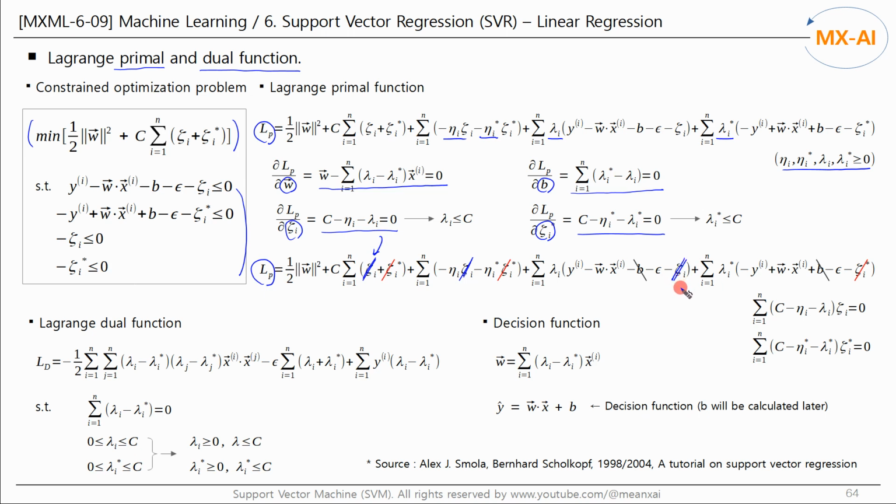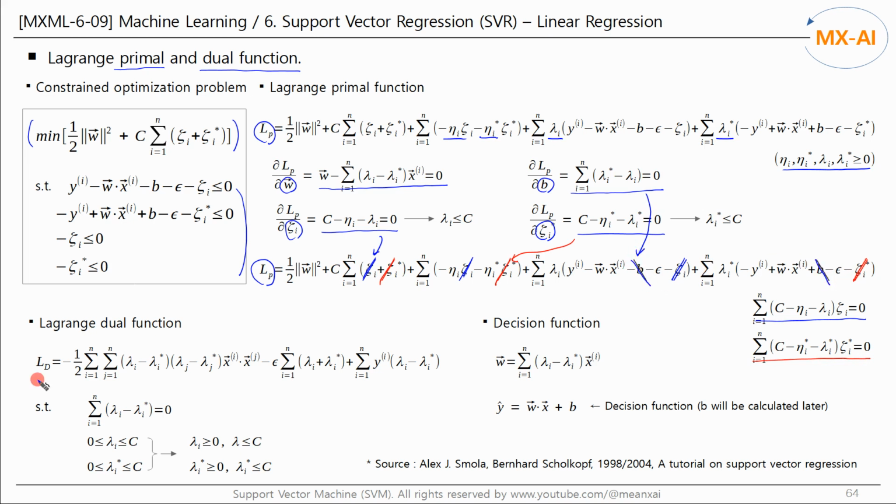This is because this expression becomes 0. If we use this equation, then this, and this disappear. This is because this expression becomes 0. And if you use this equation, then this and this disappear.